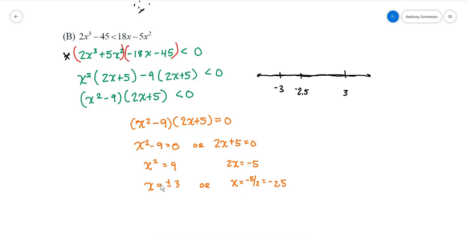These are the three solutions. Now, these are the three instances that make the left-hand side equal to 0, or would make the two sides equal to each other. I don't want them to be equal to each other, so these are going to be open circles.